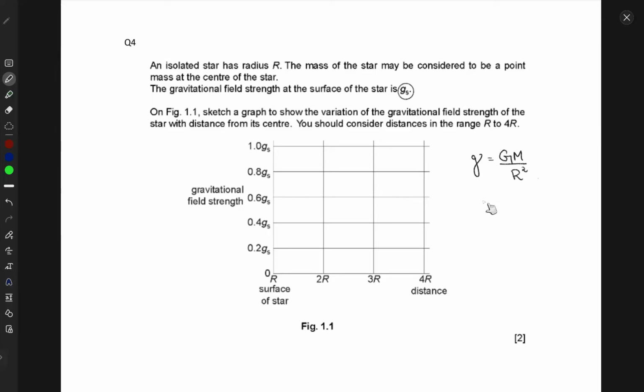Would it look something like the curve from y equals 1 by x squared? Yeah, so the curve should really look like a curve that you expect from a 1 over x squared graph, right?